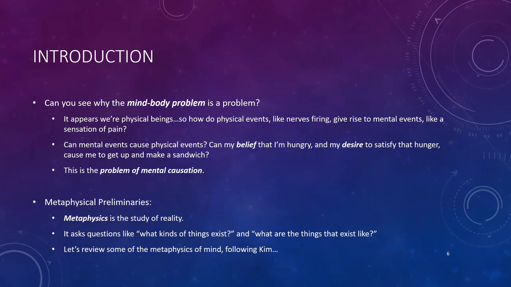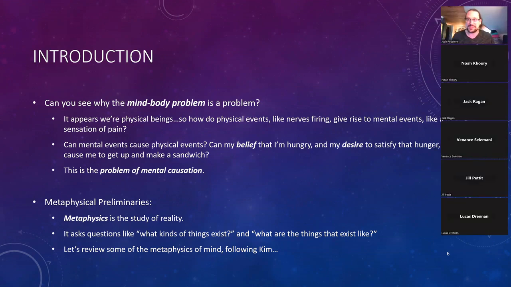That's a physical event causing physical changes in your nervous system, causing physical changes in the brain, causing you to experience pain. But how does that work? How does something physical cause something mental? And if something physical can cause something mental, then can it happen the other way around? Can mental events cause physical events?